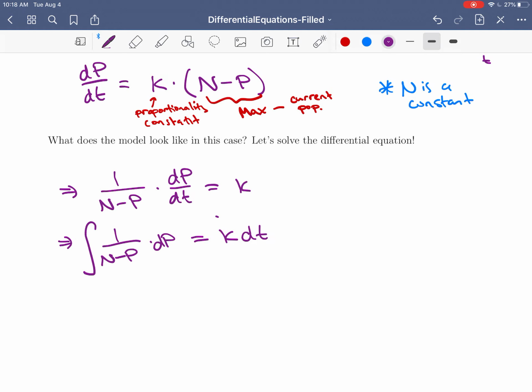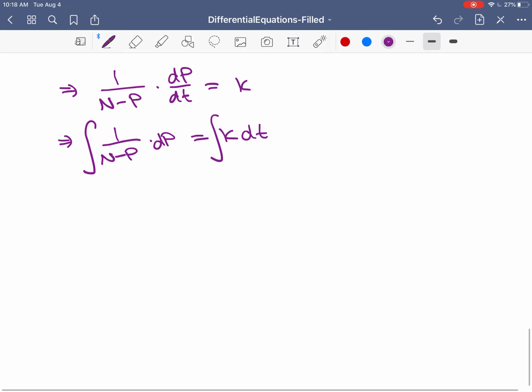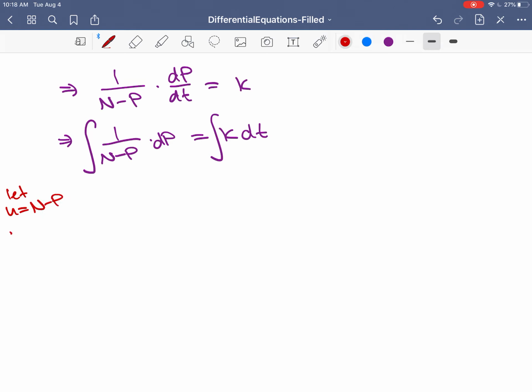And now I can take the antiderivative, or the indefinite integral. Here I think I will show you the substitution. For the left-hand side, I'm going to let u be N minus P. Then du is the derivative of this with respect to P, so that's negative 1 dP.